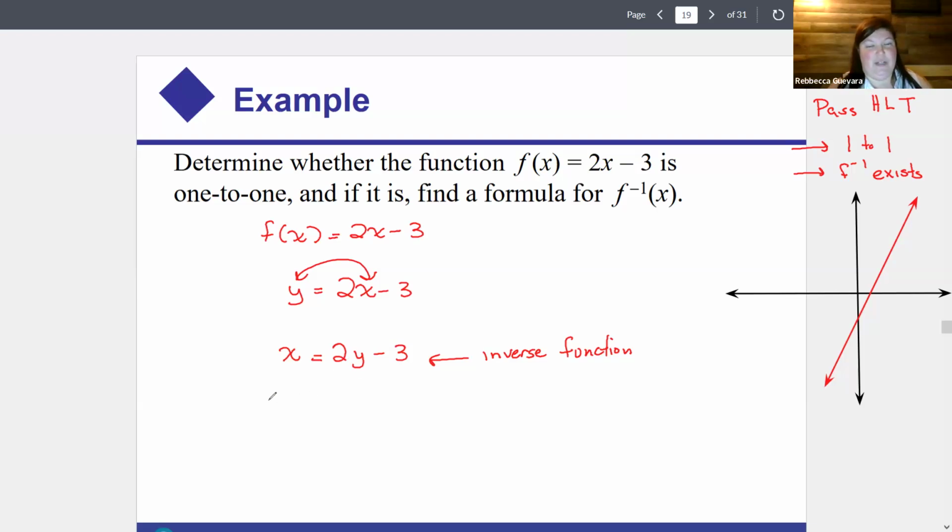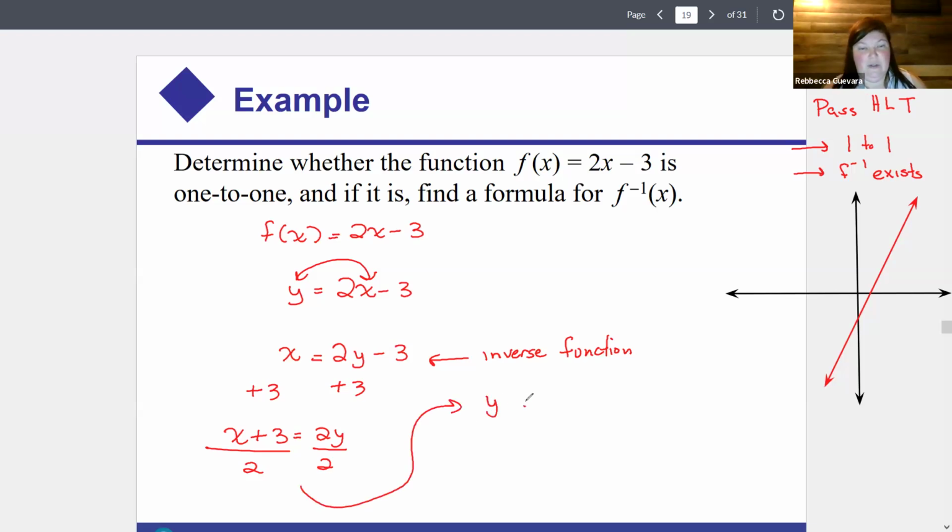So if I want to solve for y, first thing I'm going to do is add 3 to both sides. So I have x plus 3 equals 2y. Then I divide both sides by 2. That means y will be equal to (x plus 3) over 2.